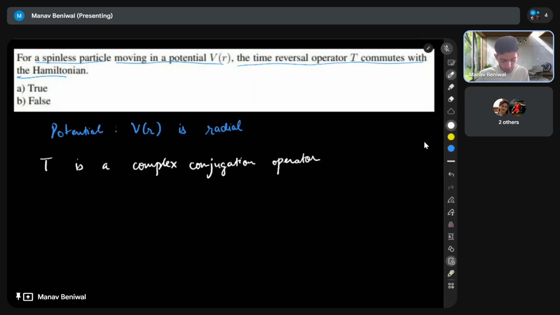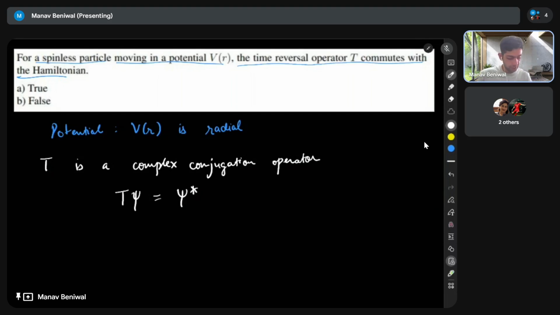So if we operate T on a wave function psi, we get psi star.